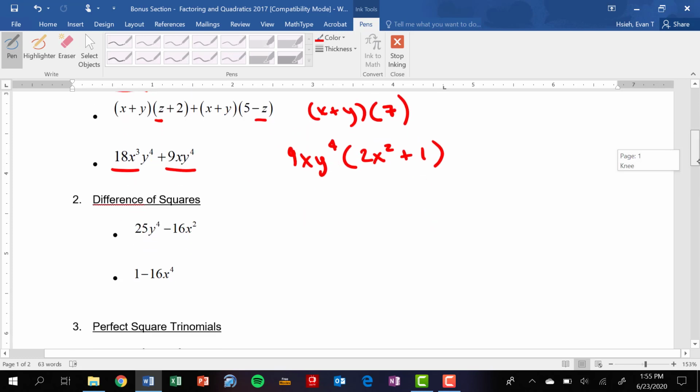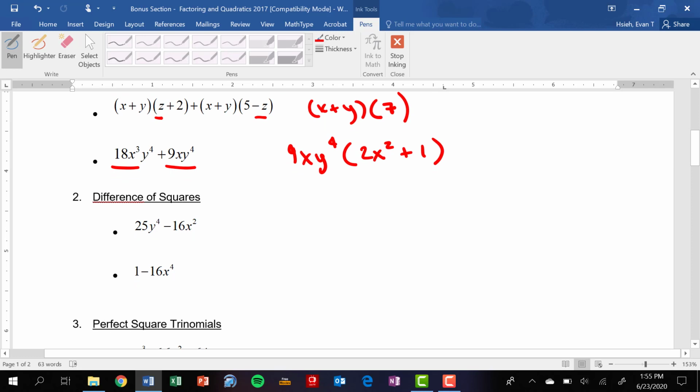Okay, the next type of problem is difference of two squares. Difference, of course, refers to the minus sign between them, and then these are two squared terms. So I basically take a look at this, and I can do plus and minus like this. This and this together are going to give me 25y to the fourth, so it's 5y squared and 5y squared.